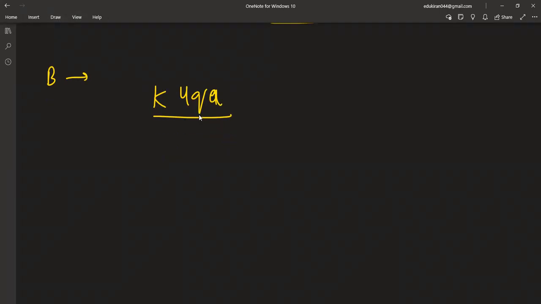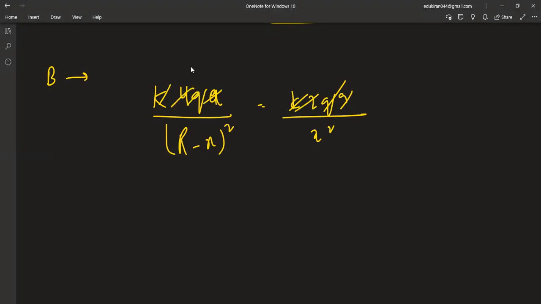Let me check. See, K4QA. This you have taken as R minus X whole square. And this becomes K2QA by X square. This gets cancelled. This becomes 2. So this becomes root 2 by R minus X is equal to 1 by X square.